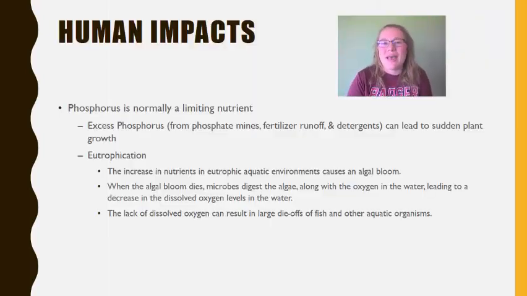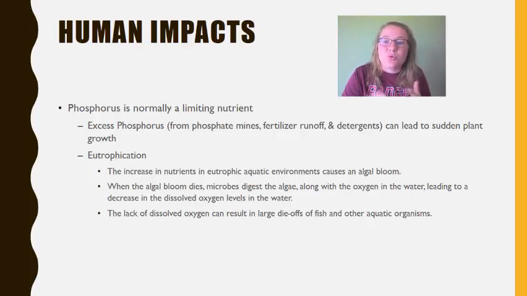Humans do impact the phosphorus cycle, and they impact it pretty significantly because phosphorus is normally a limiting nutrient. That means normally there's not enough phosphorus. But human activities such as mining or using artificial fertilizer and using detergents, they all can lead to a sudden influx or excess phosphorus.